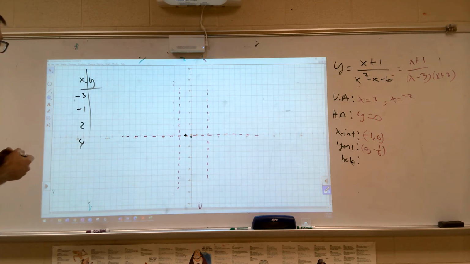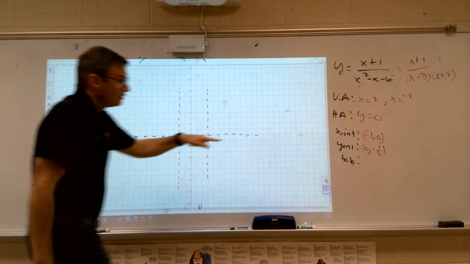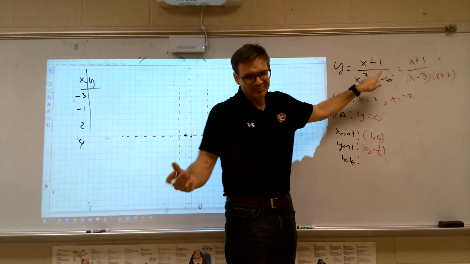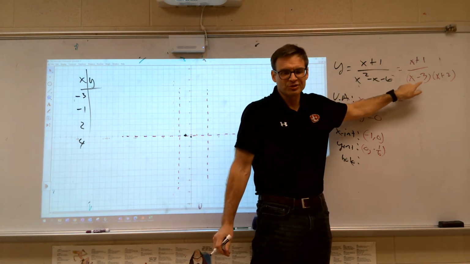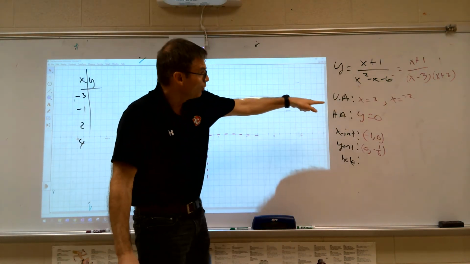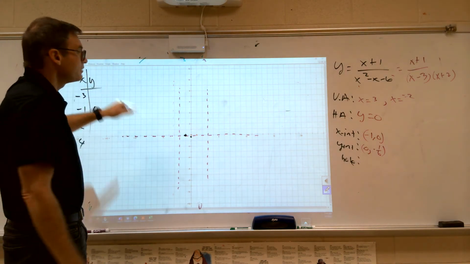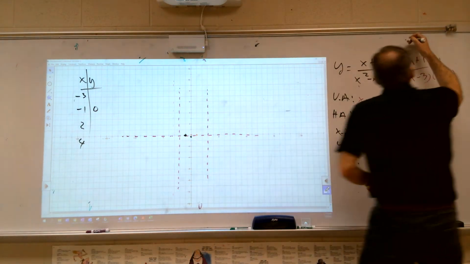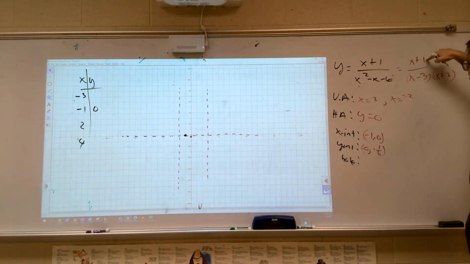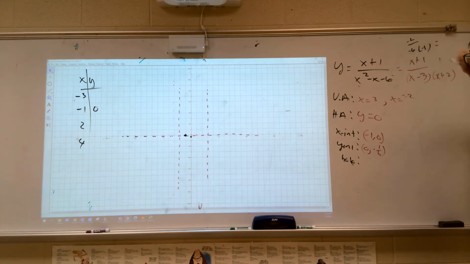All right. So what do we do? Well, we've got to plug these in. So I've got to plug this thing back into my function. I always like using the factored version. Somehow I find it easier. So I'm going to plug all these values in. You already know when we plug negative 1 in, we get a 0. So I don't have to worry about that one. But when I plug negative 3 in, let's see. Negative 3 plus 1 is negative 2. Negative 3 minus 3 is a negative 6. Negative 3 plus 2 is a negative 1.